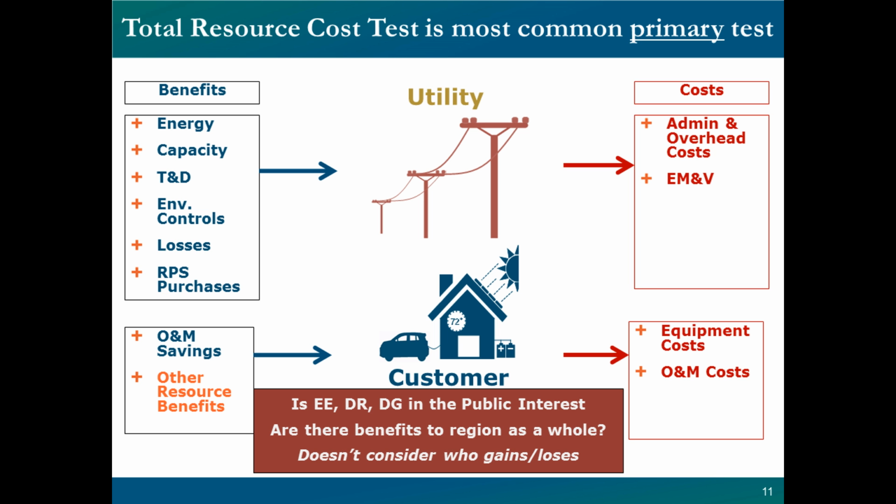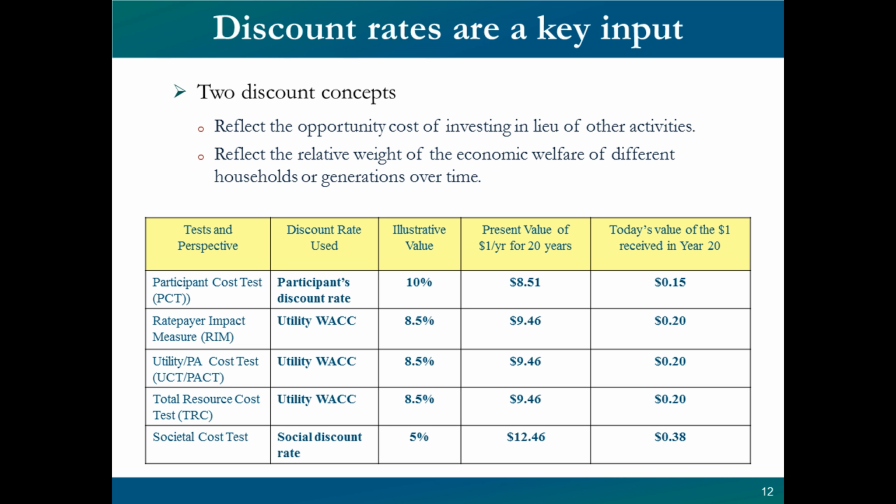So I want to talk about a few things that really drive the results, because I know everyone's interested in, once I put all my data in and go through all of that effort, what's really going to swing the answer, and how can I design my program to pass and be cost effective? One of the key drivers is the discount rate.